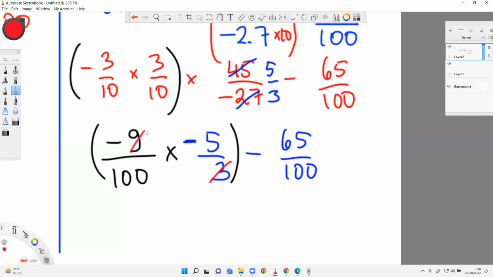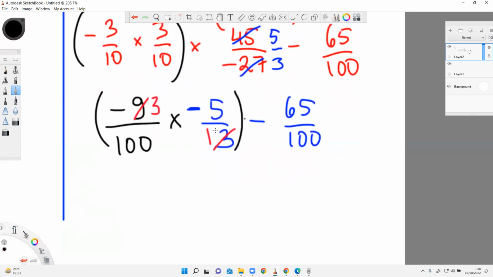So how much is it? 3, yes? Simplifying 5 and 100 is optional, because the bottom is already 100. You can simplify or not, it's okay. I choose not to, since there is a 100. Negative 3 times negative 5, how much, guys? Positive or negative? Negative times negative is positive. So 15 minus 65 over 100.